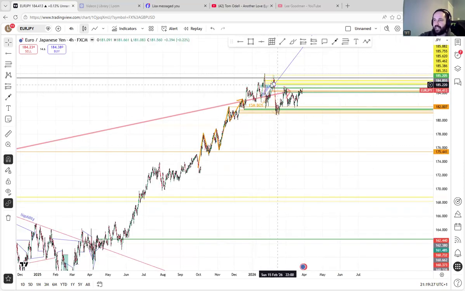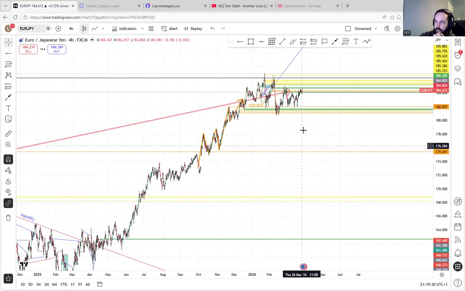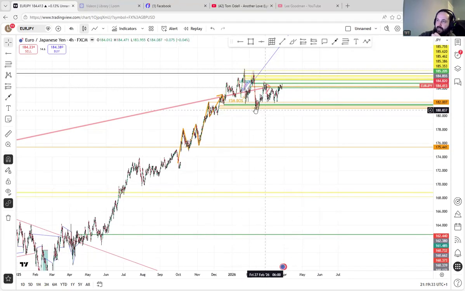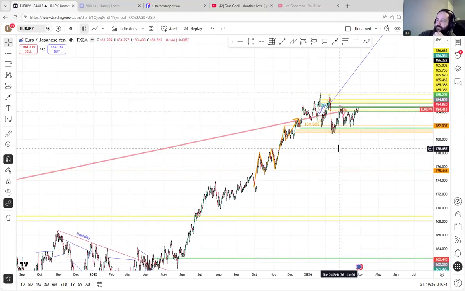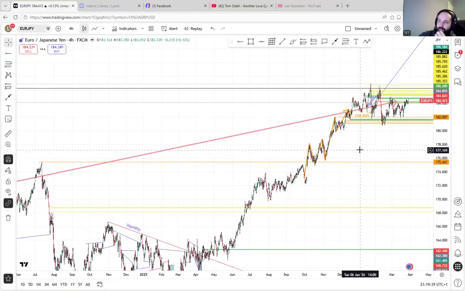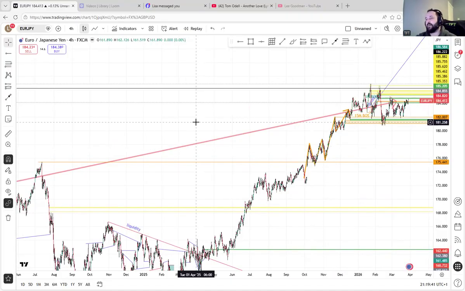There's possible sells on this. It's obviously broken to the downside, so up here there might be sells present. But I wouldn't say I prefer any over any because I'm looking for the bigger swing points.